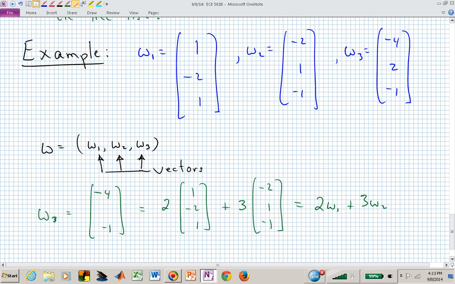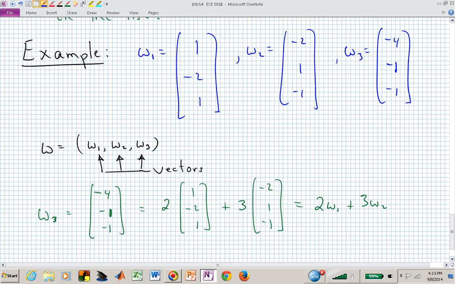We can make them dependent, can't we? So now I have -4 plus 3. Is that true? So that one needs to be a -1, which says that I needed to have this entry equal to -1 to make my example work out.